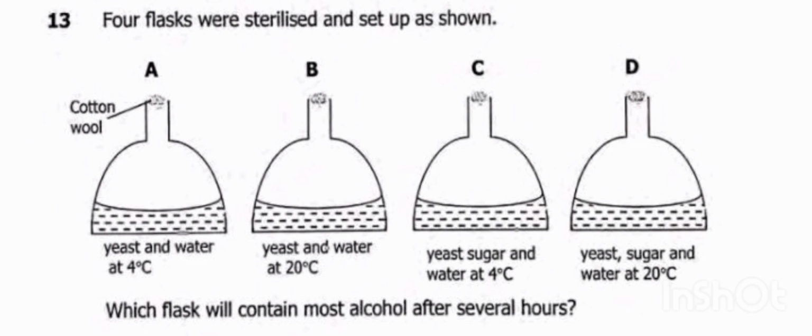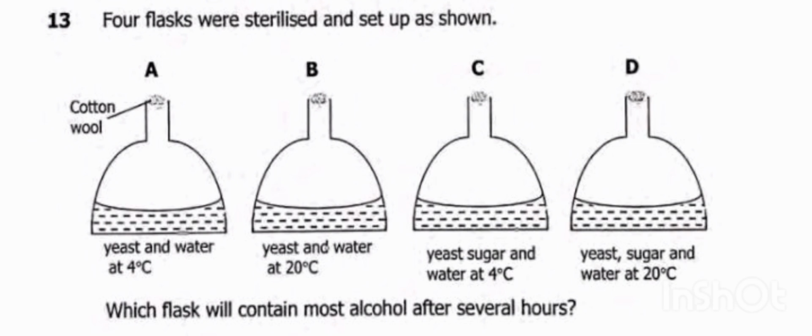So you need to have the optimum temperature for enzymes to work. When you look at 4 degrees Celsius, which is in flask A and flask C, this is a very minimal temperature, meaning enzymes are going to be inactive. So alcoholic fermentation is going to be very slow in A and C.